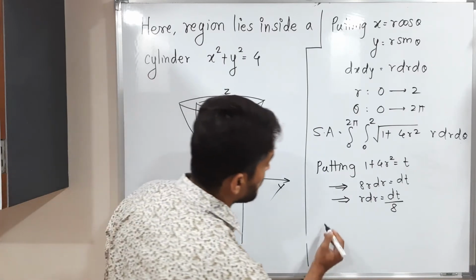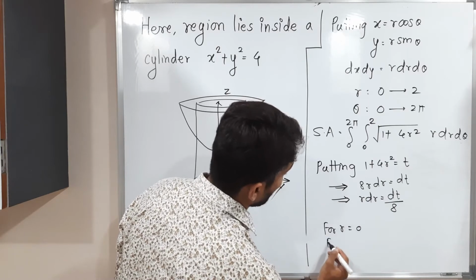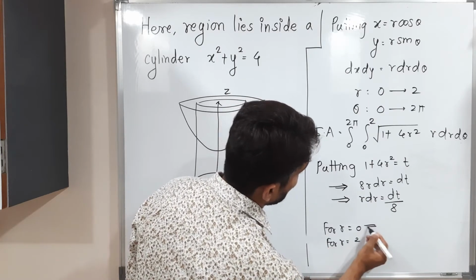Let us think about limits. For r = 0 and r = 2, let us see what happens.